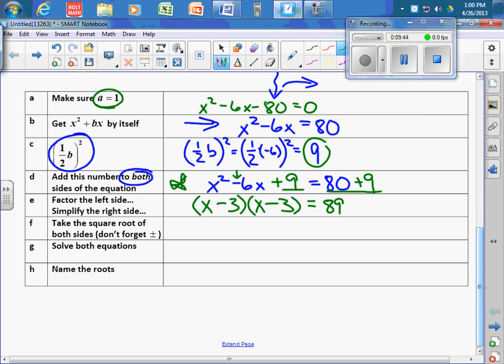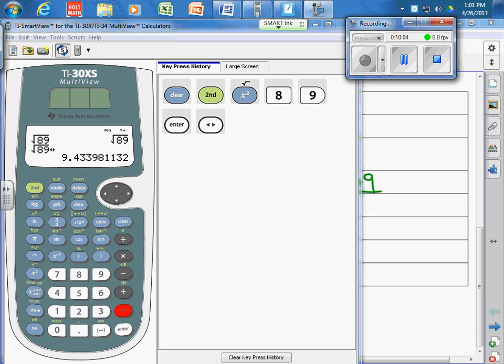And now I need to take the square roots of both sides. So if I were to take the square root of x minus 3 squared, I would get x minus 3. If I were to take the square root of 89, I would get 9.4.